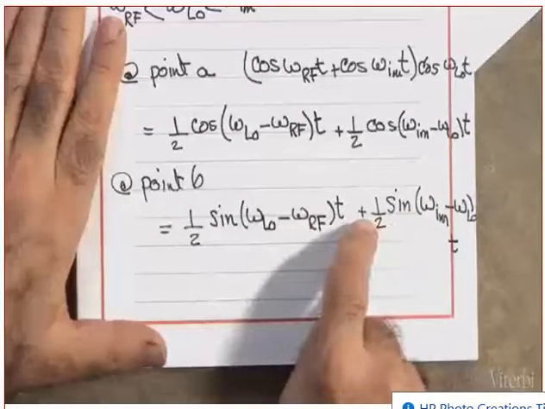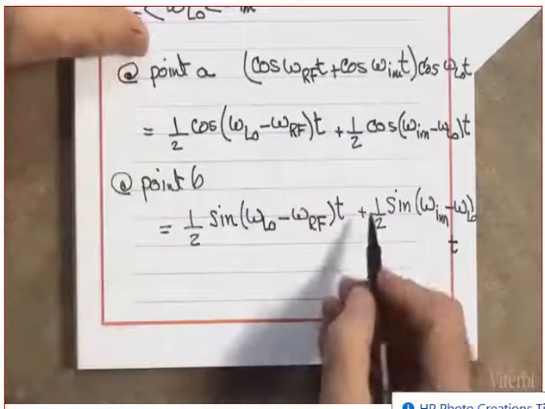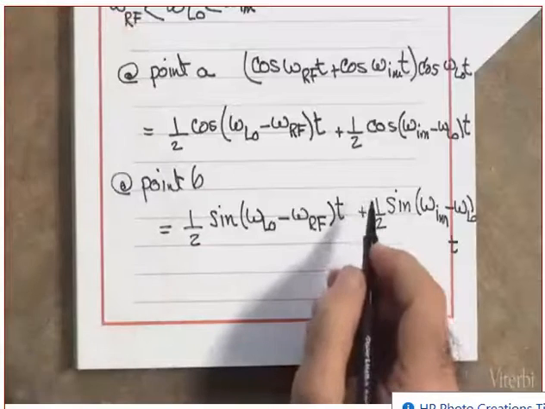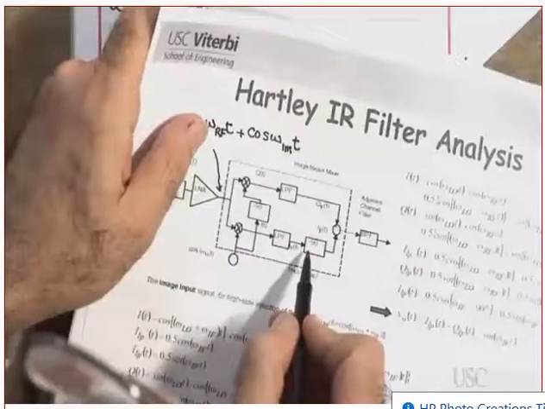I think this one is negative. Can you check it? Trigonometry? This one is plus? And if you put a minus 90 degree like this one, do you see this minus 90 degree? Yes?